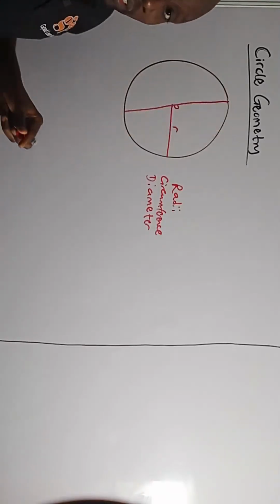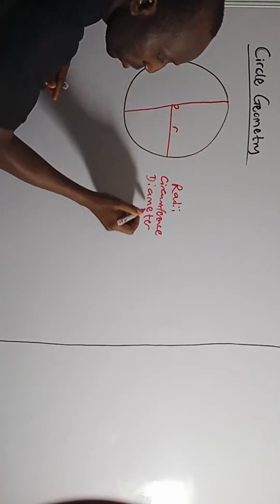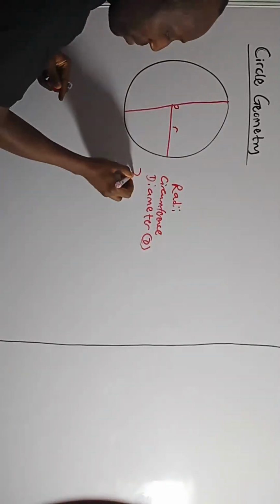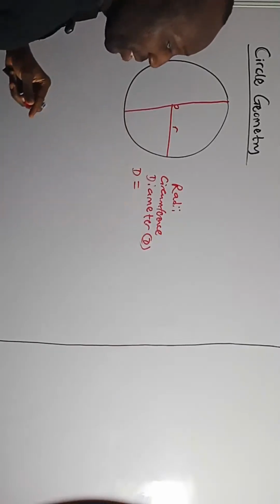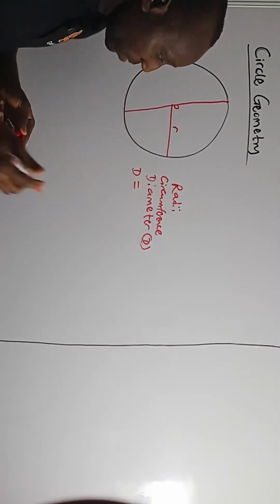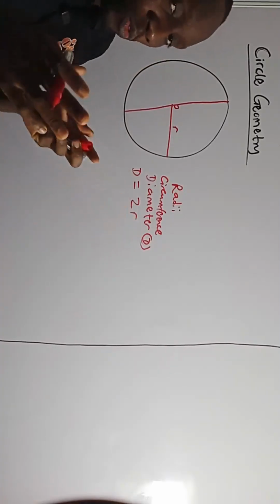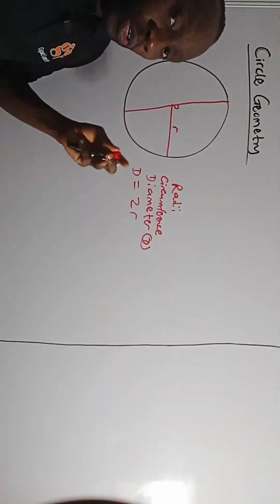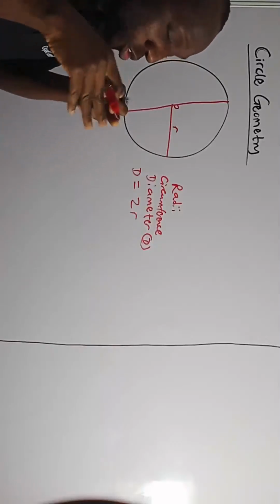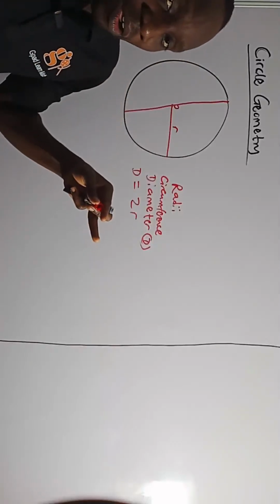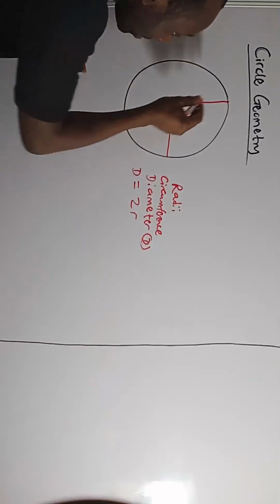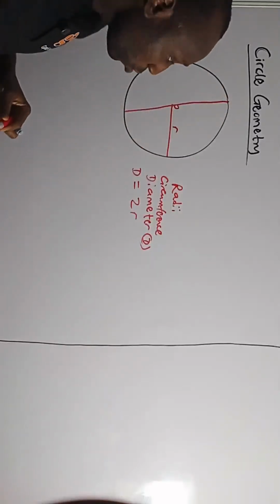This right here is a diameter. Notice something. If I use D to represent the diameter, the diameter is 2 times the radius. So D is equal to 2R, if R here is the radius. When you add these two radii, what you have will be the length of a diameter. A diameter is a line that passes through the center of a circle.